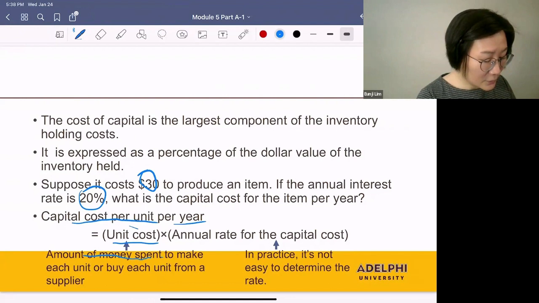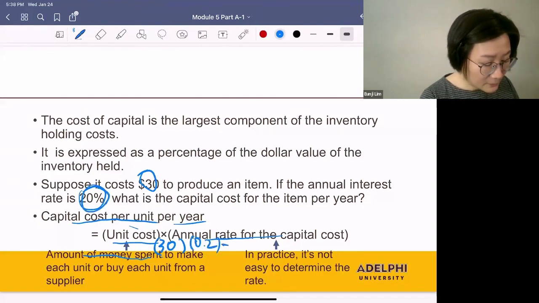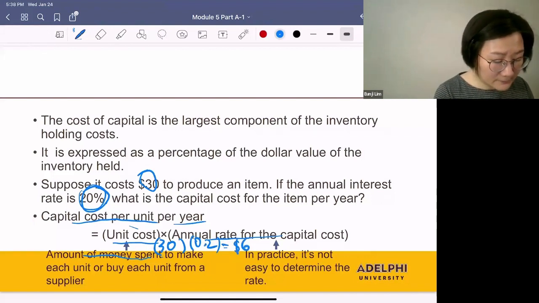So in this case, it's $30 times the annual rate for the capital cost. So that was 20%. So 30 times 0.2 equals $6 per unit per year.